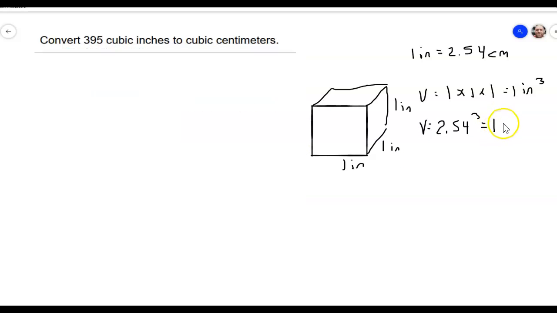So this is about 16.387, and that will be centimeters cubed.